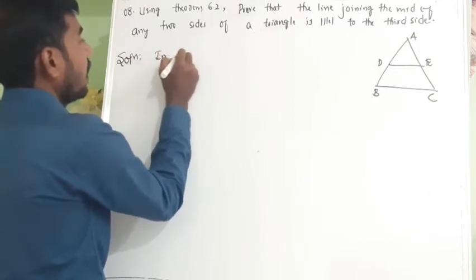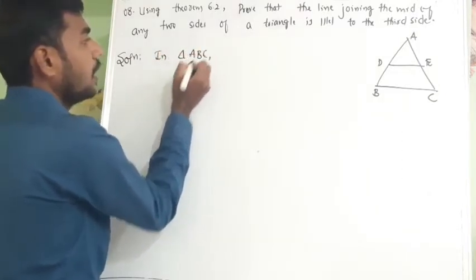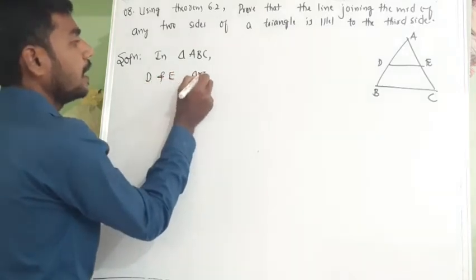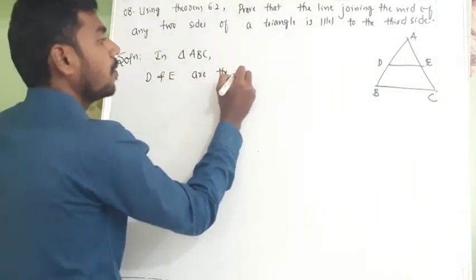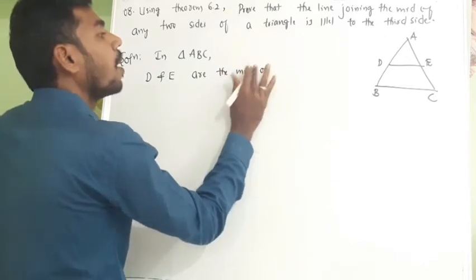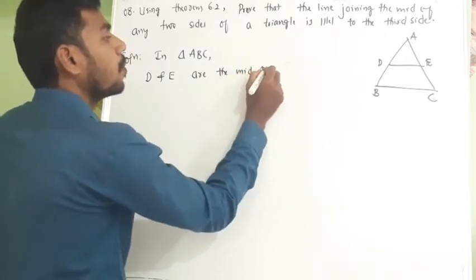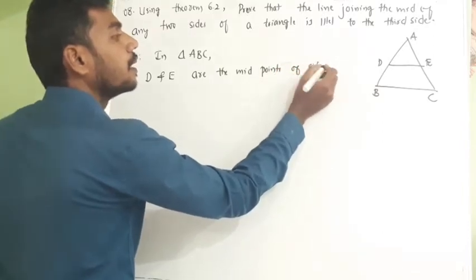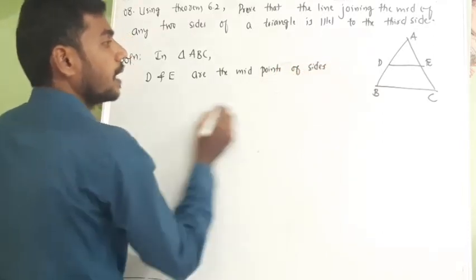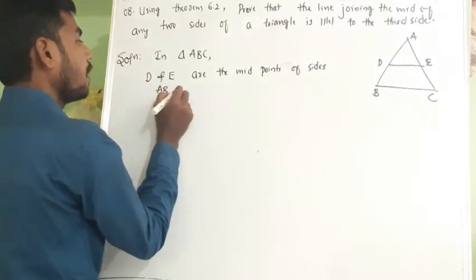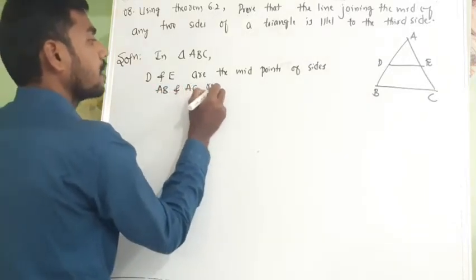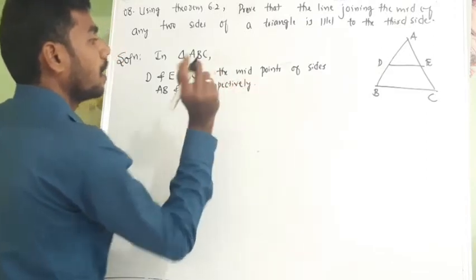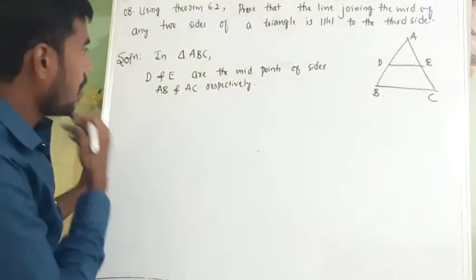In triangle ABC, D and E are the midpoints of sides AB and AC respectively.